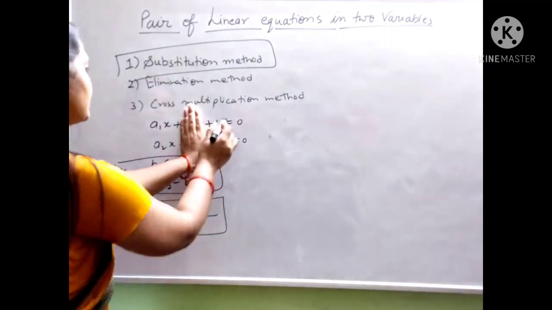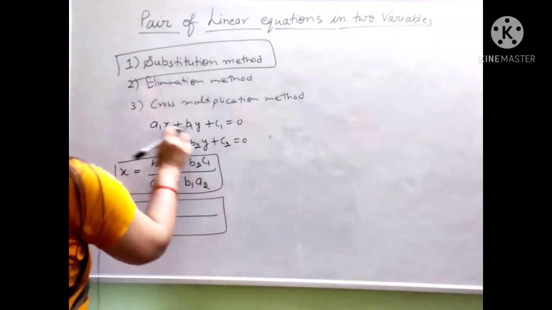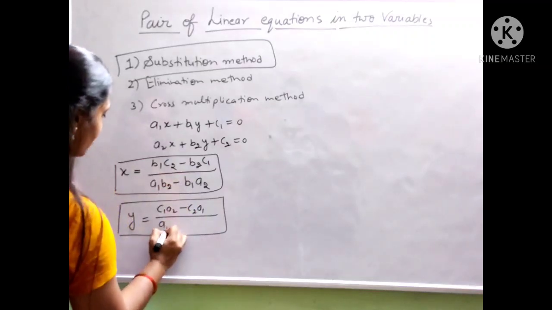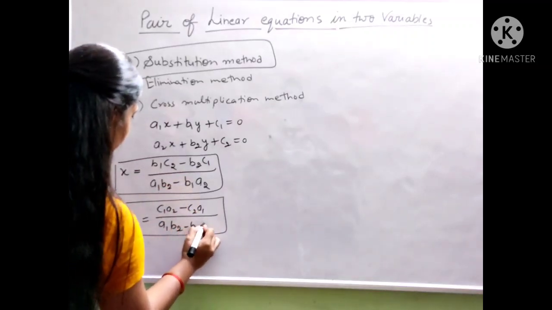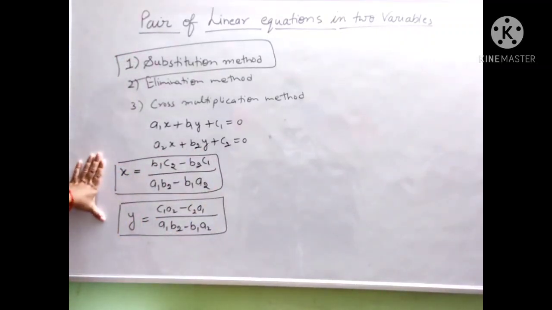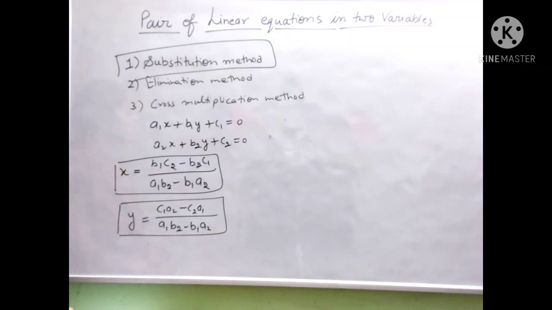Now multiply c1 a2 minus c2 a1 and divide by the same value a1 b2 minus b1 a2. So in this way you can compute the value of variables x and y. So it's up to you. You can write down the formula or directly put the values over here by hiding the variables.